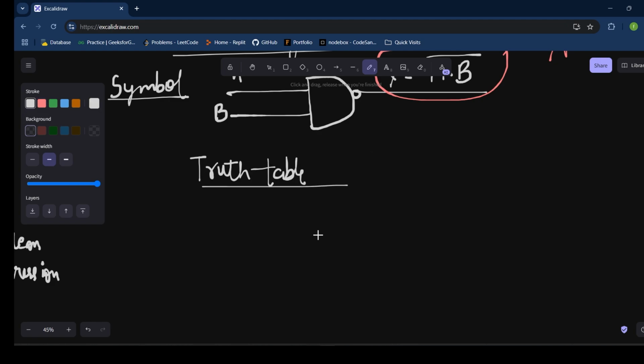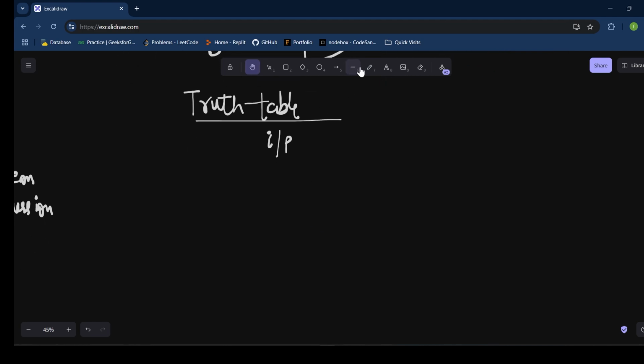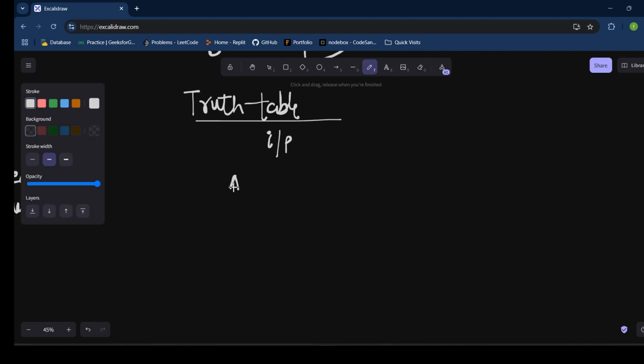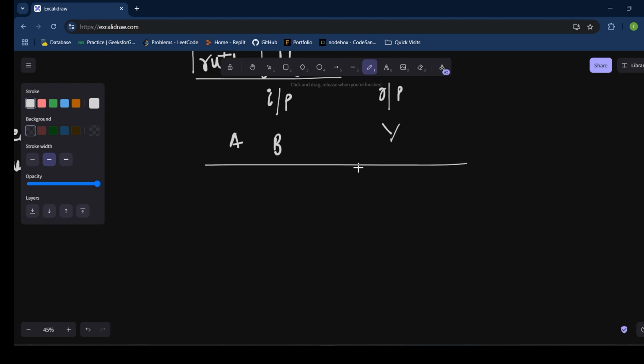Here also we will have 4 combinations, as it is also a 2 input gate. So simply inputs A and B and output Y. Again 0 0, 0 1, 1 0, 1 1.